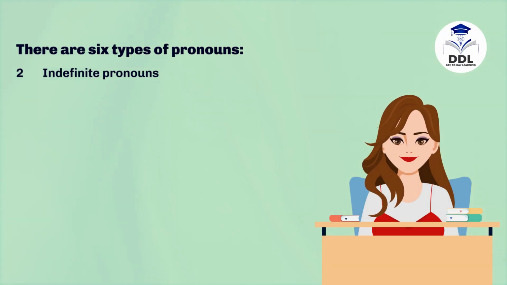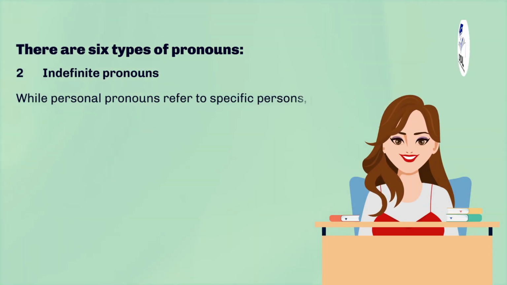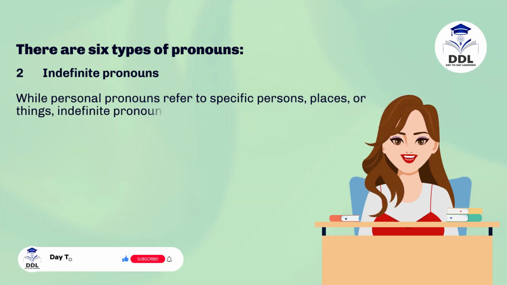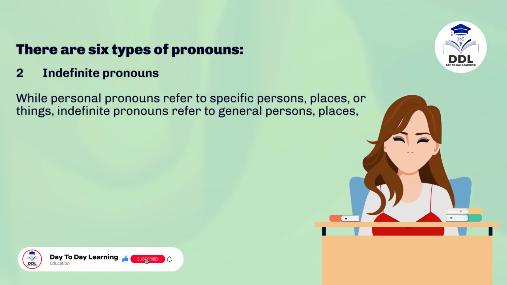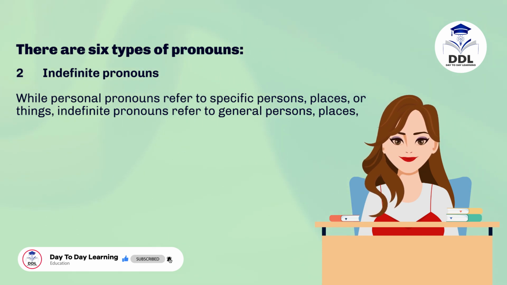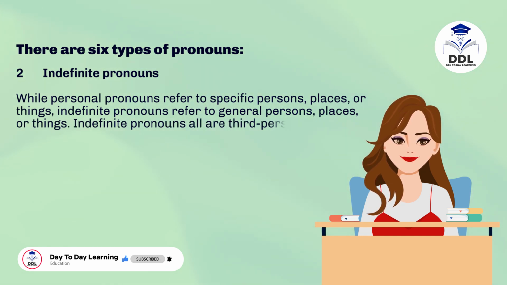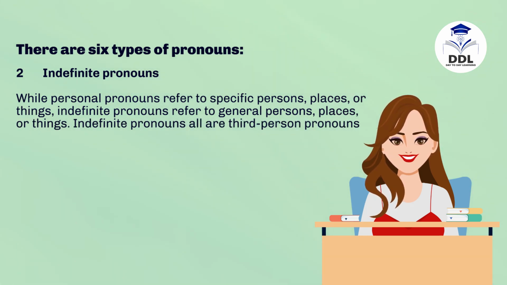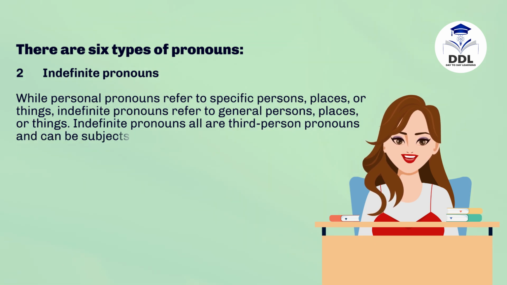Indefinite pronouns. While personal pronouns refer to specific persons, places, or things, indefinite pronouns refer to general persons, places, or things. Indefinite pronouns all are third-person pronouns and can be subjects or objects in sentences.